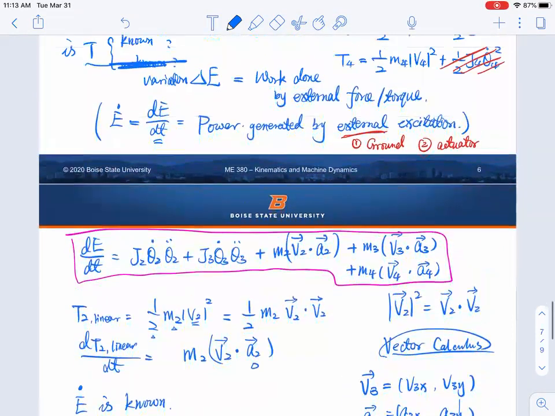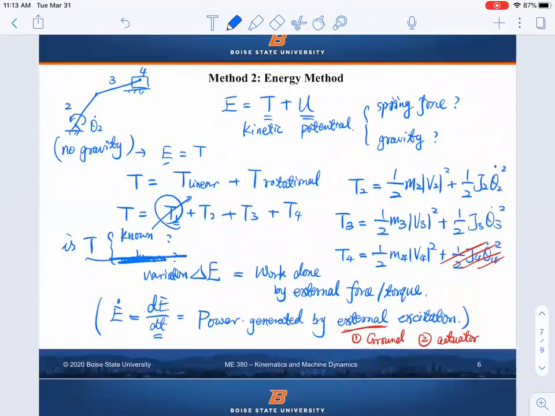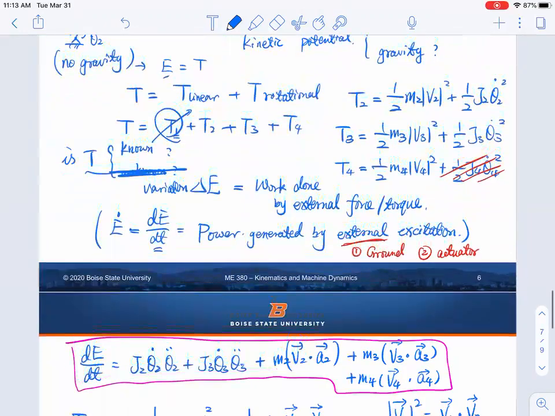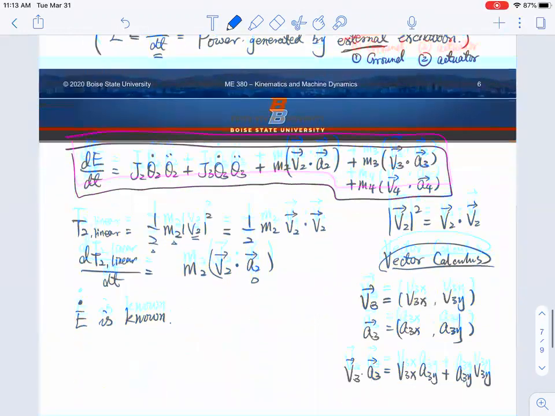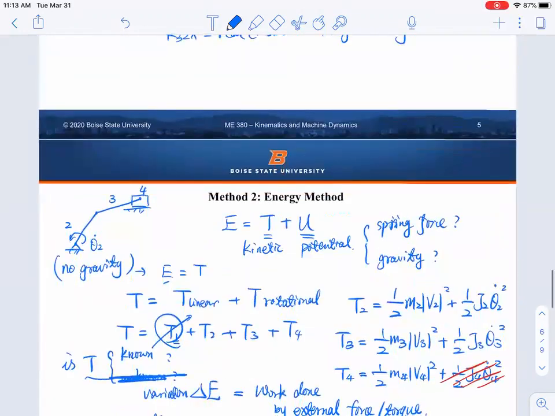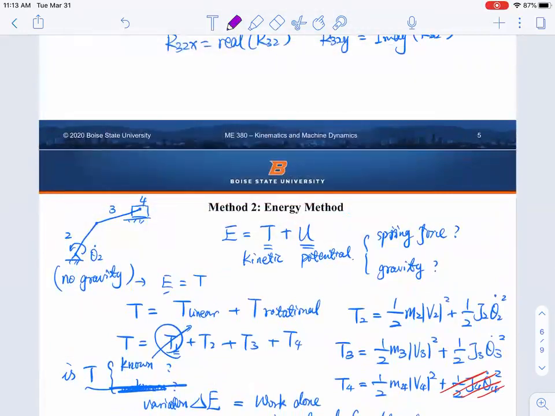The second part we need to find is what are the external excitations? What is the power? In this case, how many external excitations do we have? Can you find all the external excitations? Well, it's actually more than one. So let's look at all the ground joints. I'm going to use a purple color.